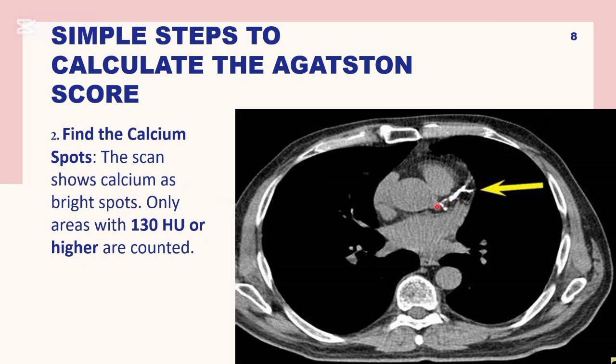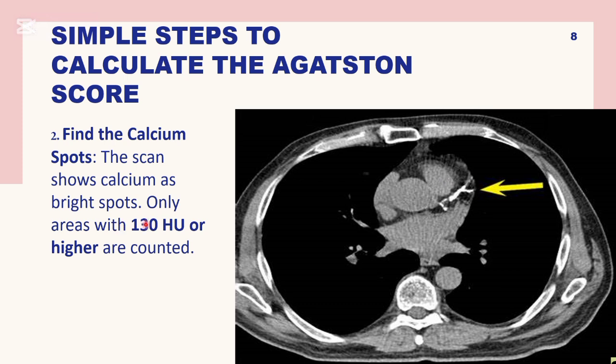After finding the spots, we will then go to the Hounsfield unit. To find the Hounsfield value is very easy. The software is giving us the Hounsfield value. Just put the ROI on that bright spot and it will give us the Hounsfield value.